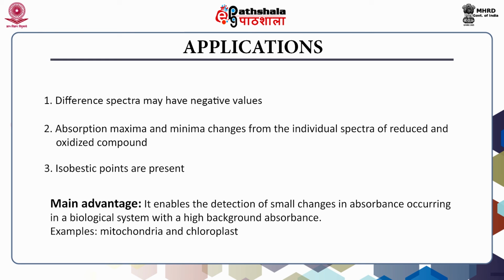The main advantage of difference spectra is that it enables the detection of small changes in absorbance occurring in a biological system with a high background absorbance. Examples of such systems are the mitochondria and chloroplast, where it is possible to detect the changes in the oxidation states of its components.